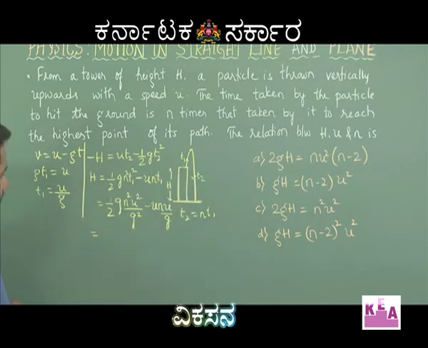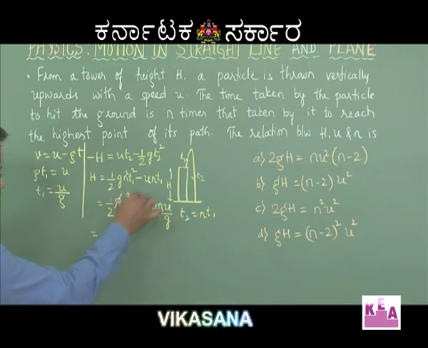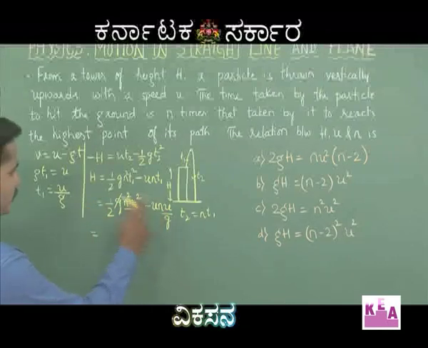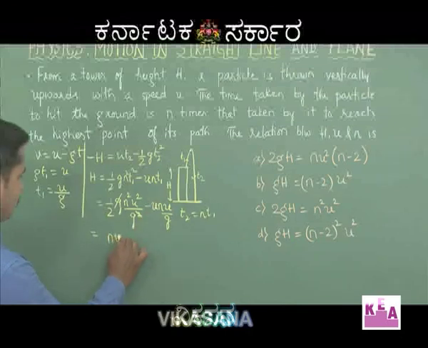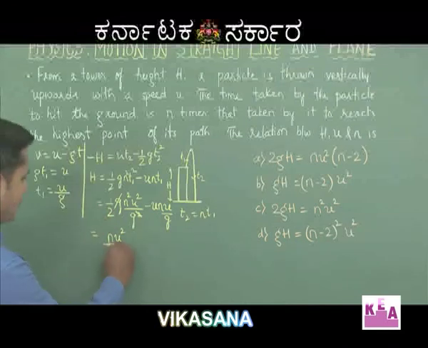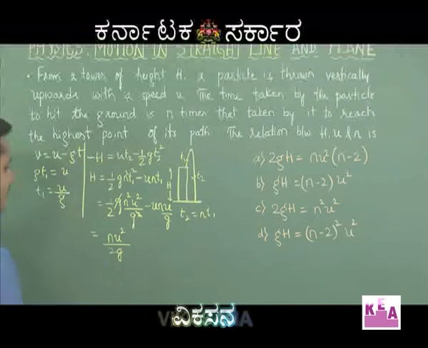So let me take this g gets cancelled with one g, and n square u square. Here I have n into u square. So let me take n into u square common, and g is there. There is 2 here. Let me take the 2 also in the common factor.